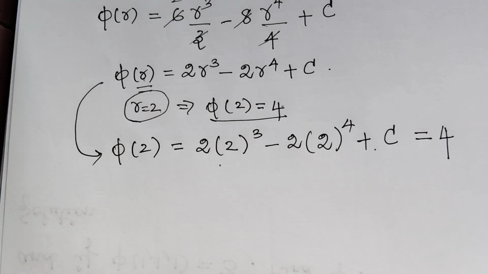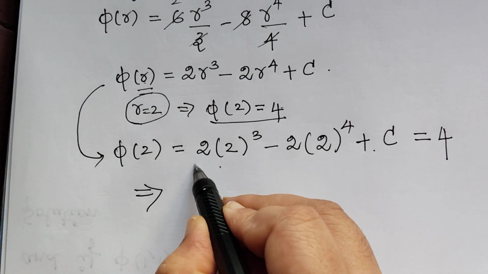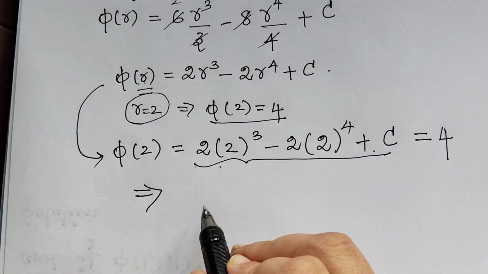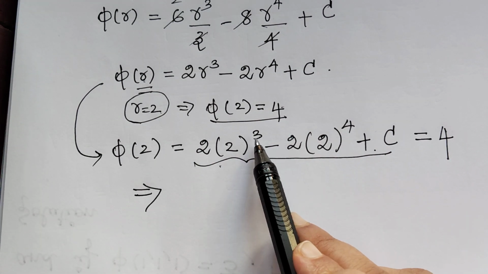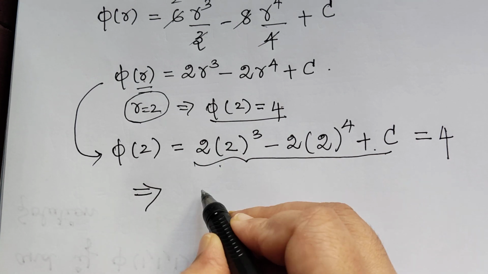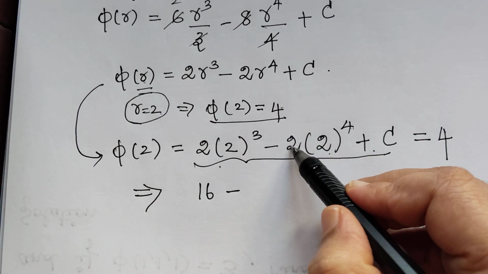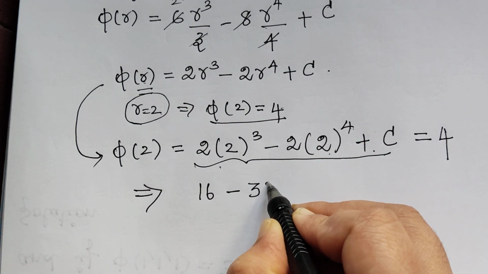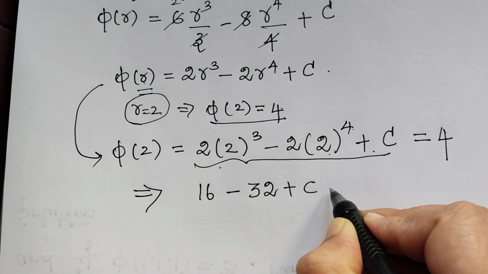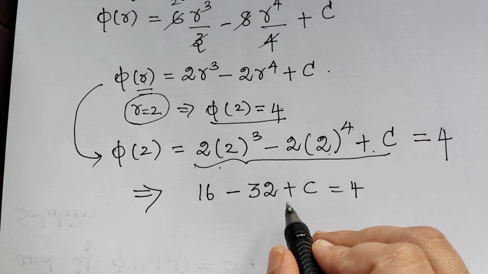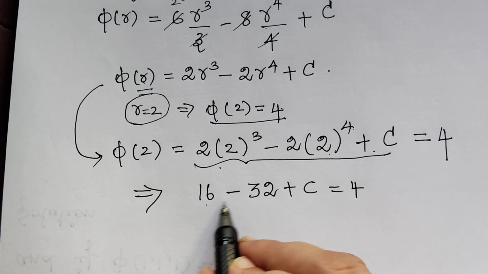So now from this, what do we get? So we will write this alone. So 2 cubed is 8. 8 multiplied with 2 is 16, minus 2 to the power 4 is 16, 16 multiplied with 2 is 32, plus the constant c is equal to 4. So from this, what do we get? What is 16 minus 32?